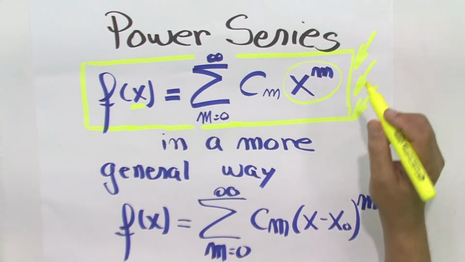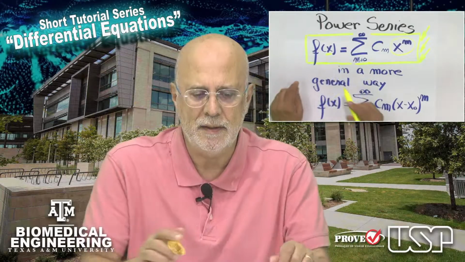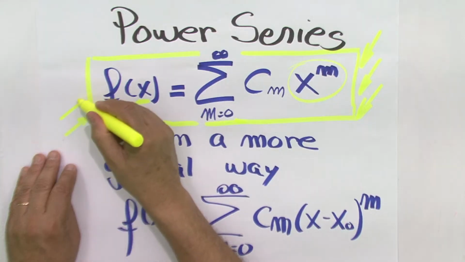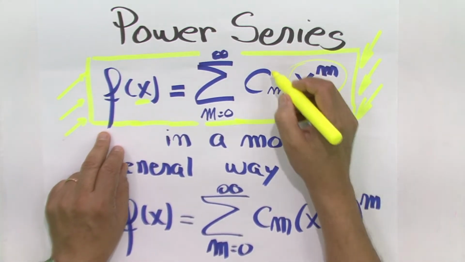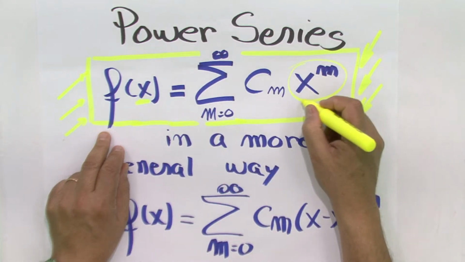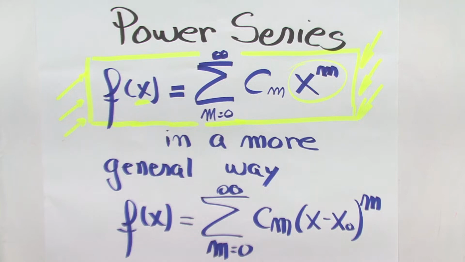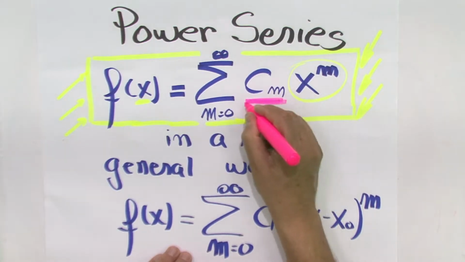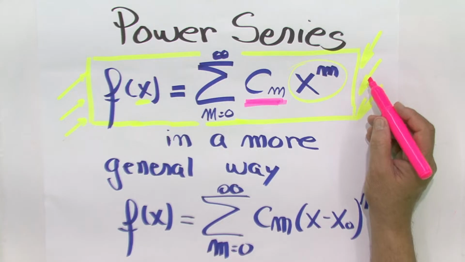The first point that you should know is that this statement is the basis of everything we're going to say today: that a function can always be expanded in powers of the variable. And the coefficients that appear here are very important, because if I know those coefficients, I know the whole function, I know the whole series.